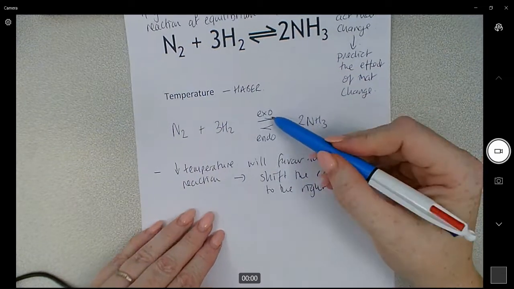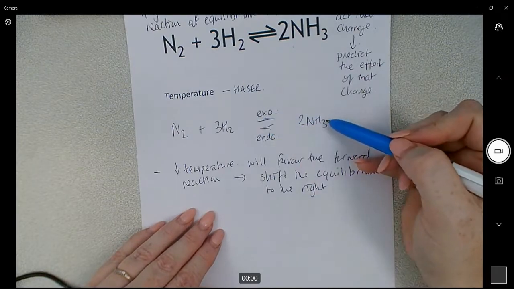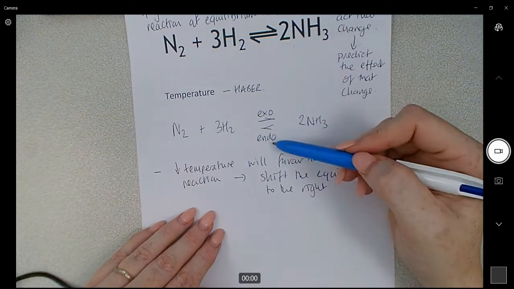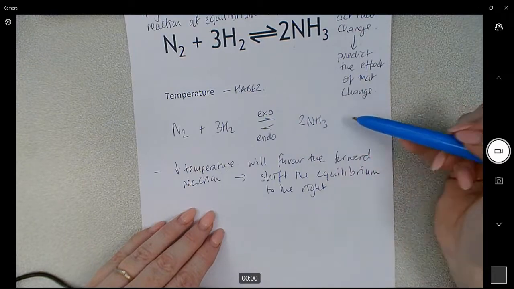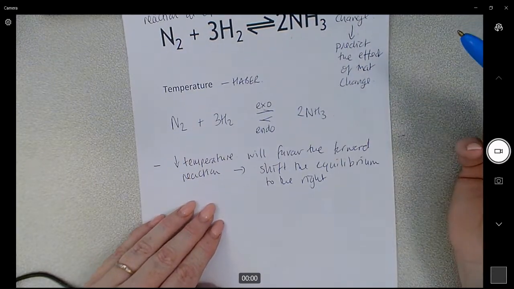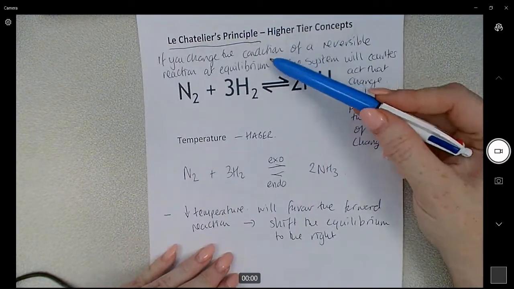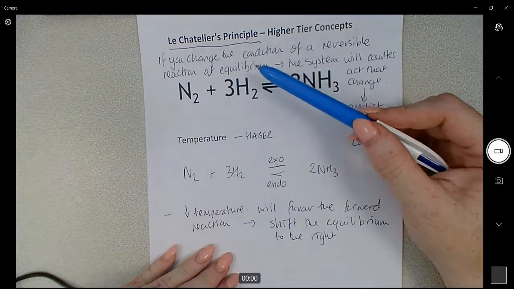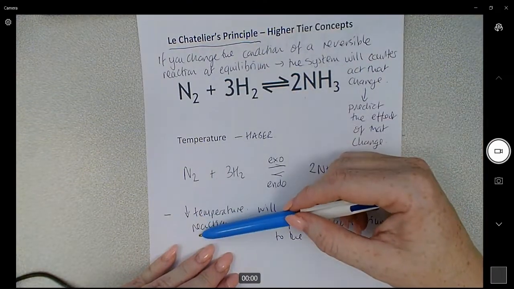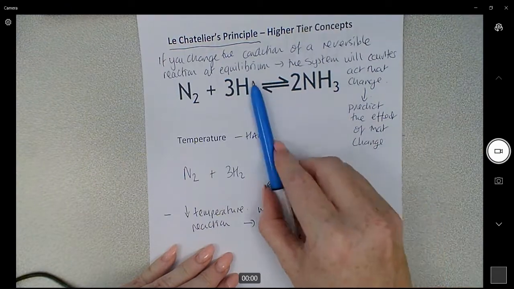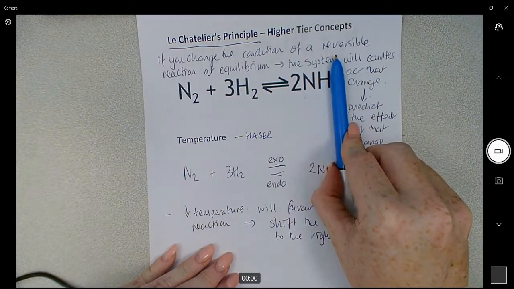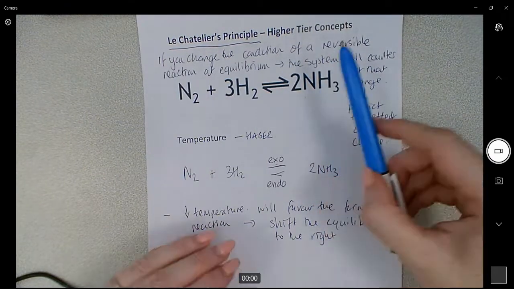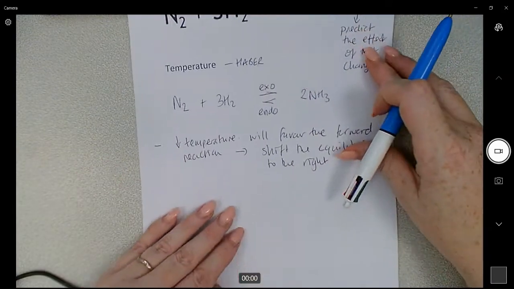And that makes sense because the forward reaction is exothermic. So decreasing the temperature would favour the exothermic reaction, shifting the equilibrium to the right. Have I changed the condition of the reversible reaction? Yes, because I've decreased the temperature. As such, I'm going to shift the equilibrium to the right because the system will try to counteract that change.